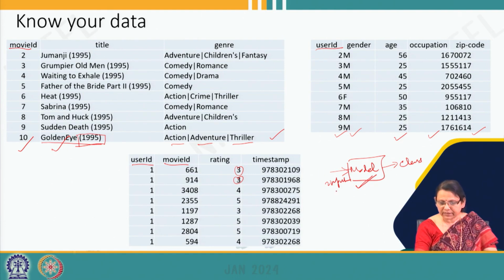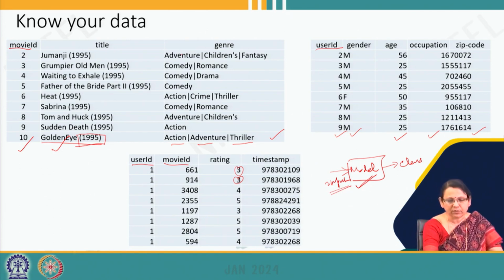Now, when you give input, this input has to come in numeric form, and how do we convert this data to numeric form? Take adventure, children, fantasy. Suppose there are a total of n genres, 1 to n.